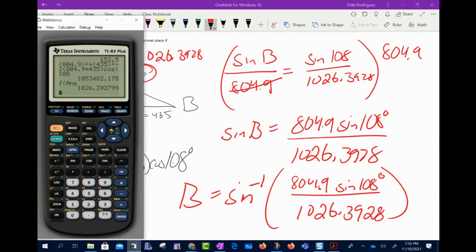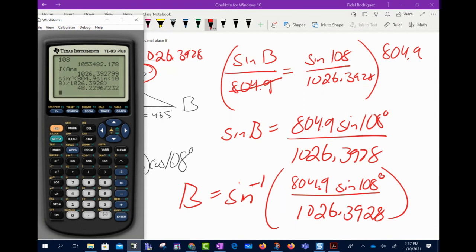Okay, I'll tell you what, let's do this first. So 804.9 times sine of 108 divided by that 1026.3928. And what I'm coming up with for B, y'all, is 48.2297.